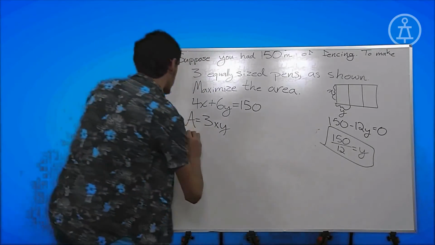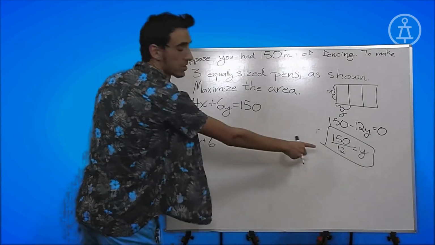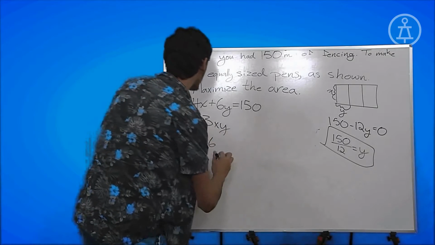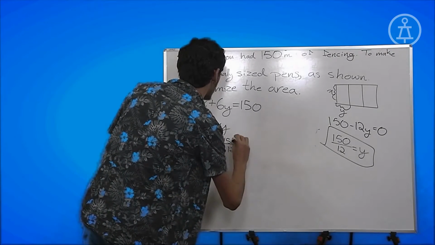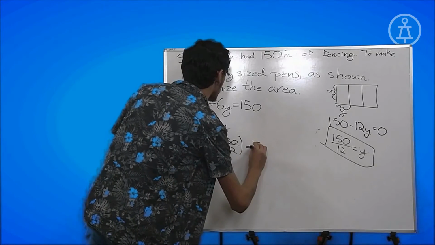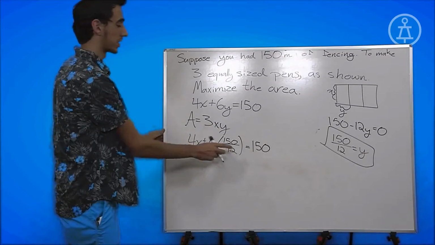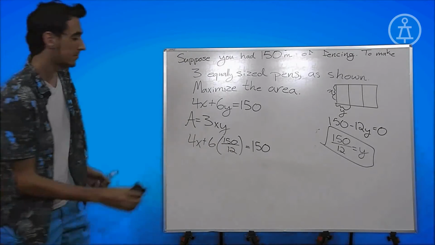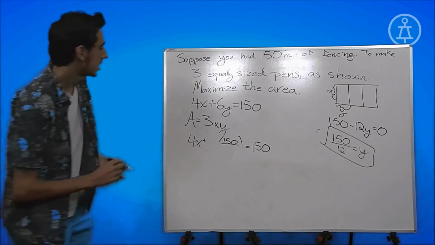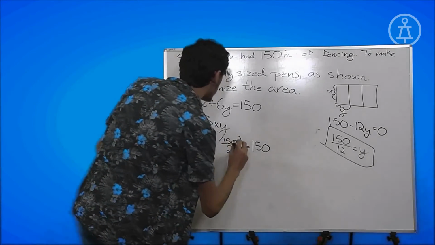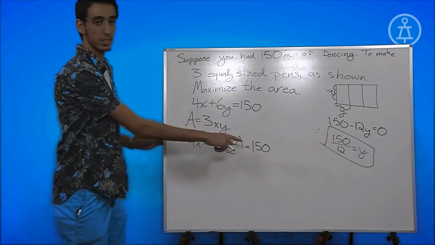So now we have 4x plus 6, and I'm going to substitute in the 150 over 12. 6 divided by 12 is 1/2, so we can cancel those off and put a 2 at the bottom to make it a little easier on us. And then we can subtract the 150 over 2 to the other side.